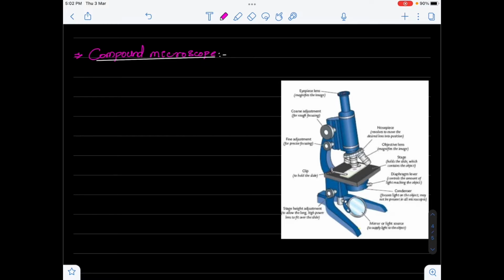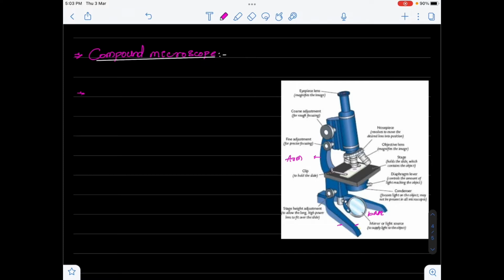Now first let us talk about the different parts present in this compound microscope. First, let us talk about the base. The weight of the microscope is held by the base. Okay. The next important part is called the arm. The arm is used to hold the microscope.